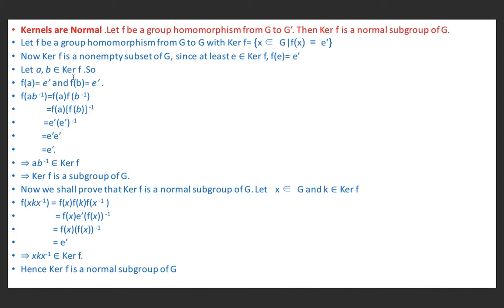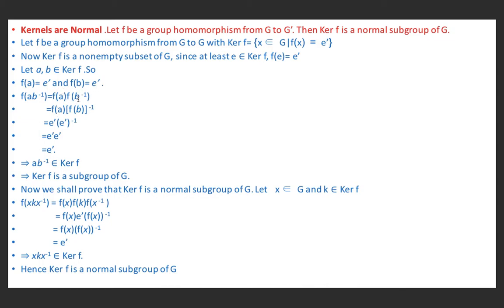Let A, B belong to the kernel of F. It means F of A equals E dash and F of B equals E dash, by the definition. Therefore, F of A B inverse is equal to F of A times F of B inverse, because F is a homomorphism and preserves the group operation.